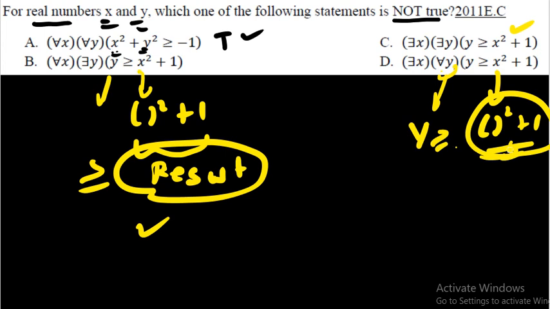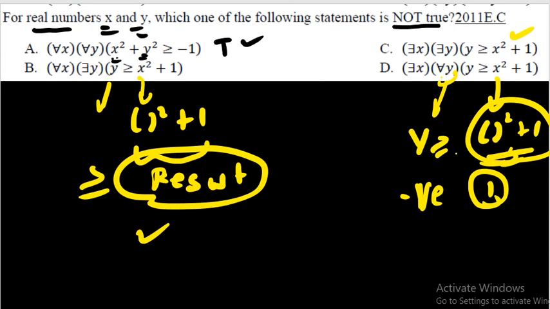That doesn't work. For example, if you take 0 in place of x, 0 squared plus 1 is 1. So is every real number greater or equal to 1? What about taking negative numbers in place of y? It doesn't work, because for every y it fails. That is false. The answer will be D.